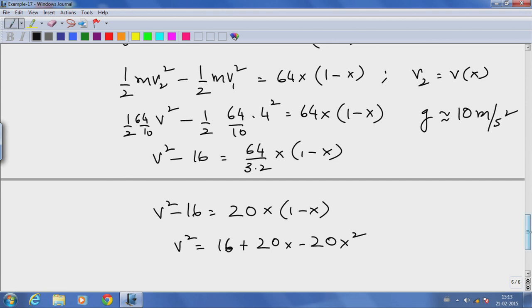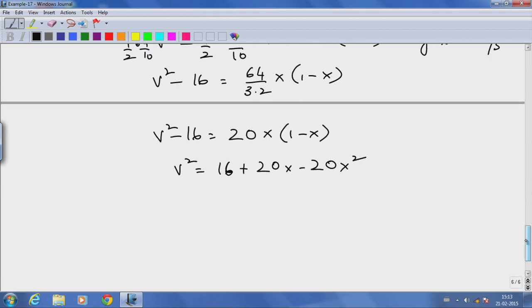So, if I plot v as a function of x, you will notice that when the right hand side goes to 0, v equals 0, and when the right hand side is 16, v equals plus or minus 4.